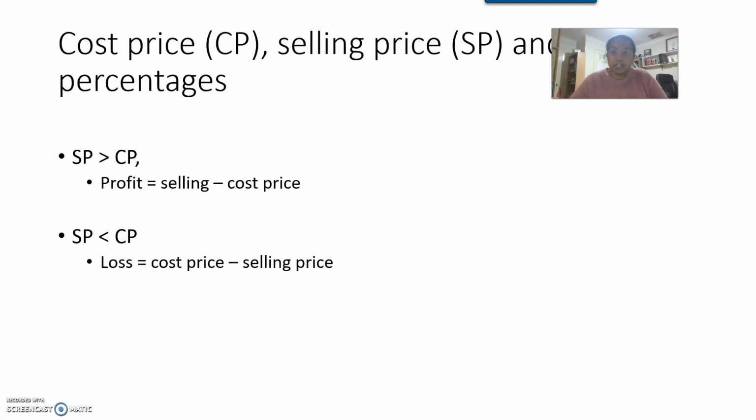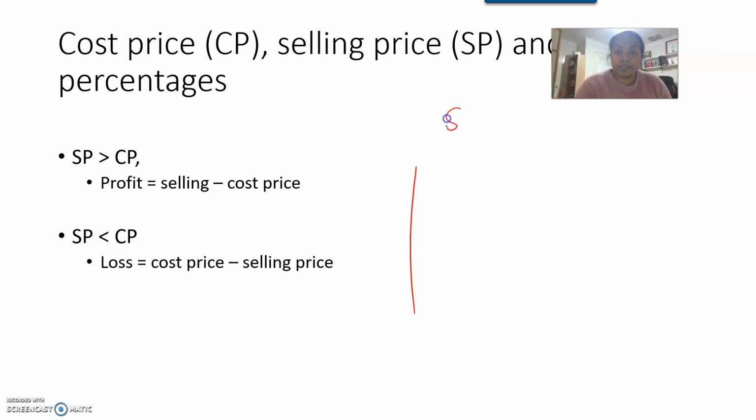Cost price is known as, if you see capital CP, cost price, selling price SP, and percentages. So like I said about the phone, if the phone is selling for more than what it's worth, you're making a profit. So to find out the profit, let's say it's $800 for the phone to be built. We're selling it for 1,600.